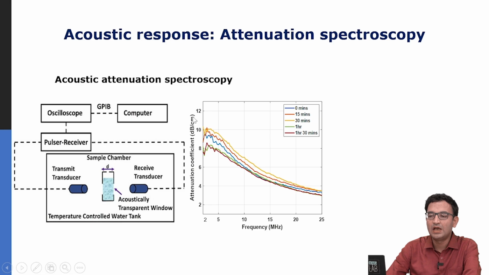In this case, we have measured the attenuation coefficient as a function of frequency for SonoView, and what we are seeing is that the resonant frequency is closer to about 3 megahertz, because that is where the highest attenuation exists, and we have done some measurements versus time. We have gone as far as 1 hour 30 minutes. We don't see a very strong change in the attenuation coefficient in this time period, showing how stable these bubbles are in the static aqueous solution.